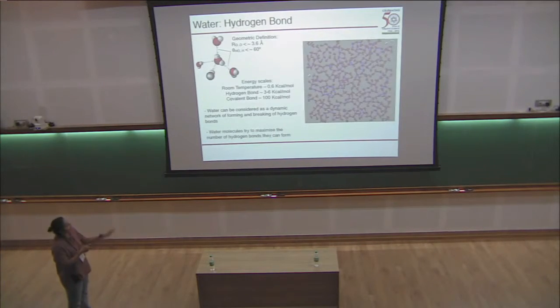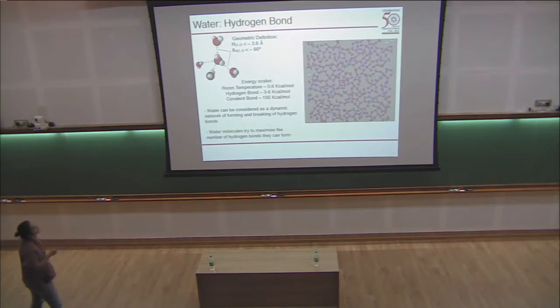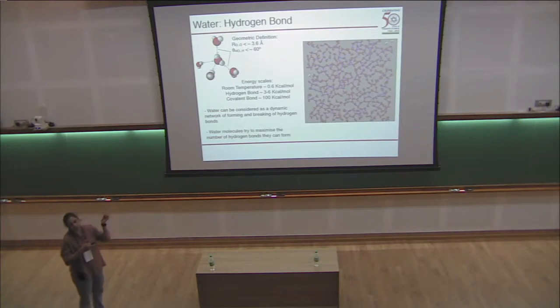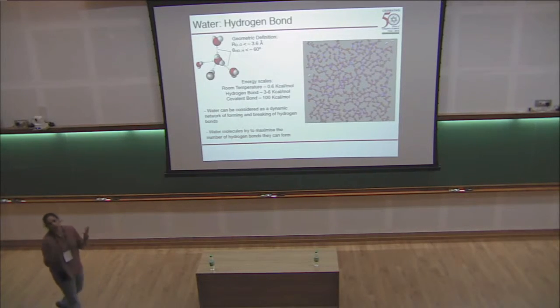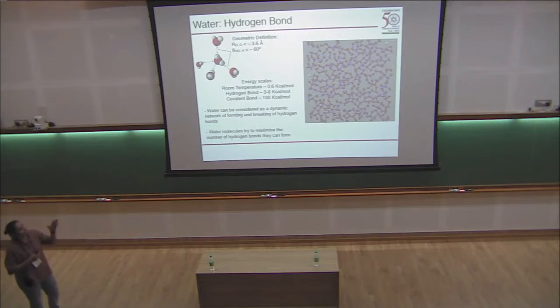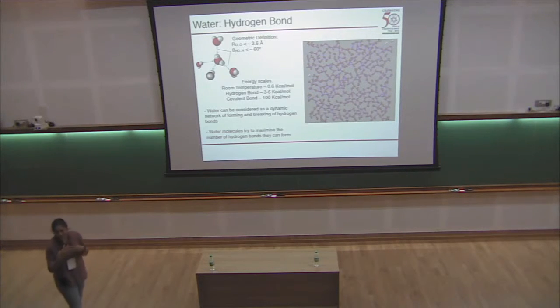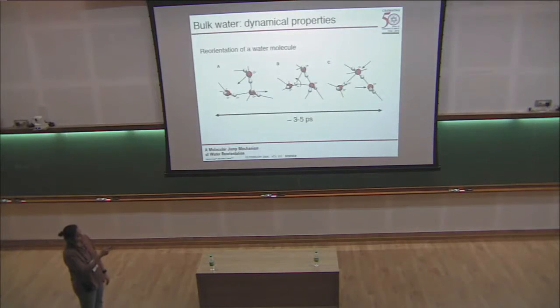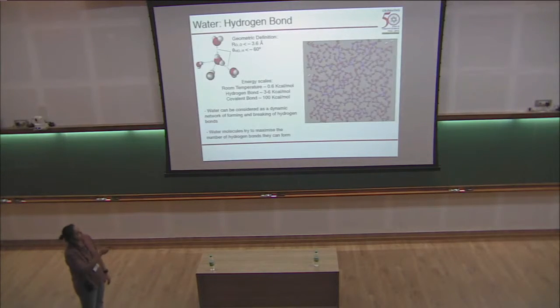So I'll just give one slide about how I'm going to view water in this talk. Water is going to be viewed as a fluctuating hydrogen bond network. You can look at water in many different ways, but for the purpose of this talk and the question I'm going to ask, we're going to look at water as a fluctuating hydrogen bond network.